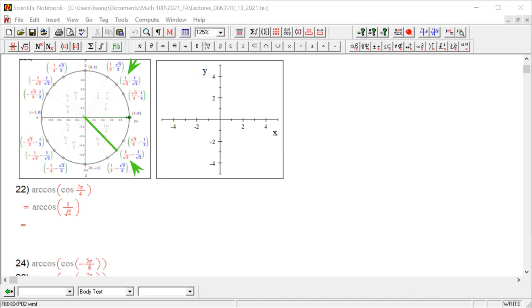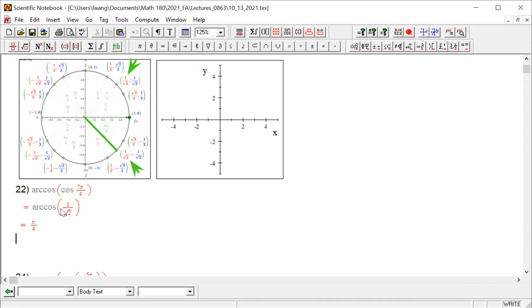Because for arccosine, any angle ending in quadrant 3 and quadrant 4 is a no-fly zone. Therefore, your answer is going to be what? Is it going to be pi over 4? Okay, so that's one way to do it.